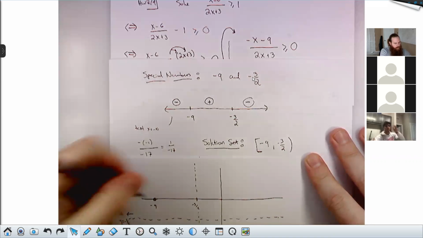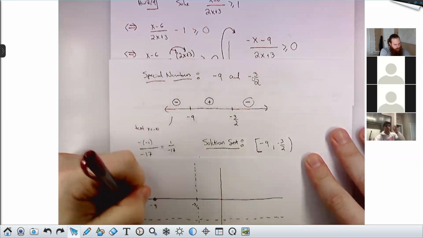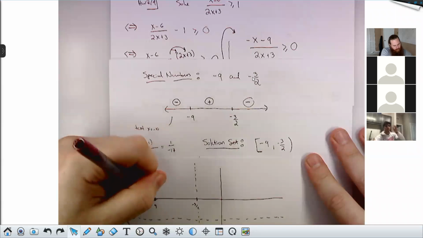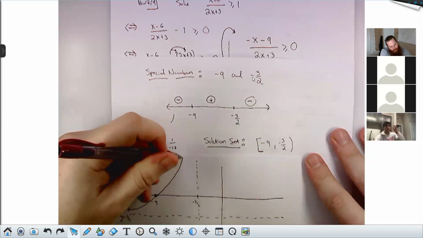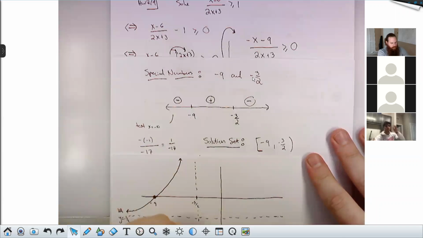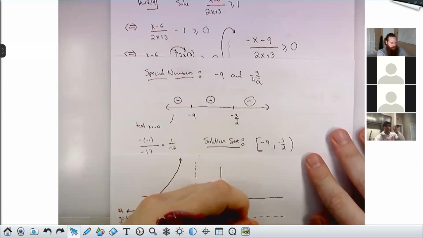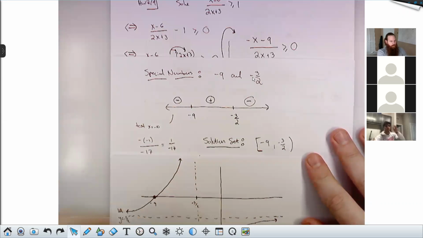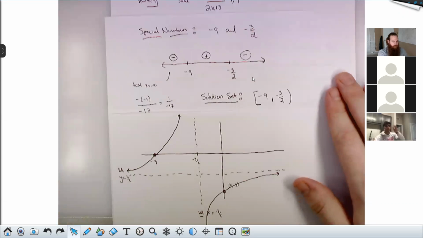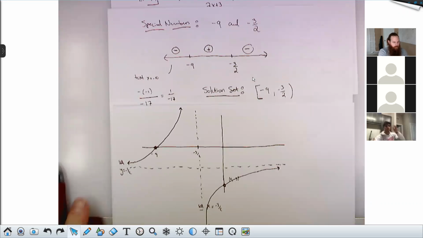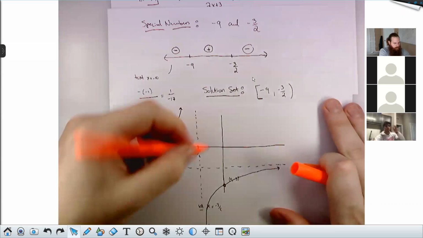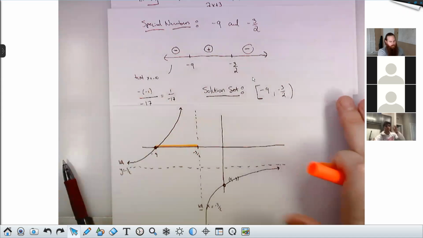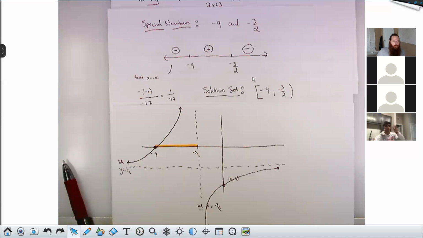Actually, let me see. Yeah. Going something like, now the scale here is going to look a little bit off. Like this, and then like this. So if I ask, where is this function greater than or equal to 0? You see that it's exactly in here. Everywhere else, the graph is below the x-axis.